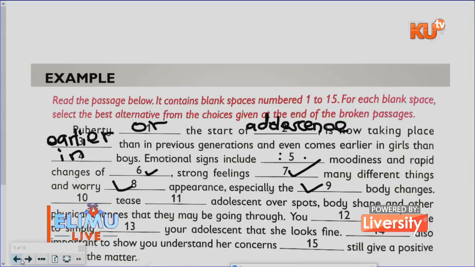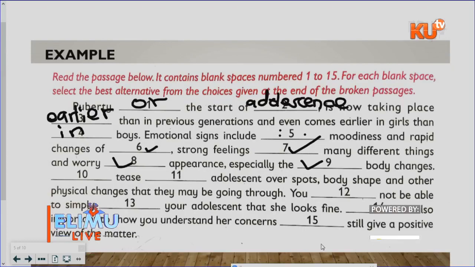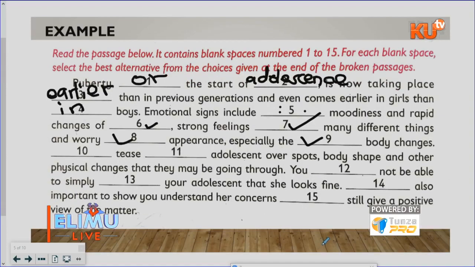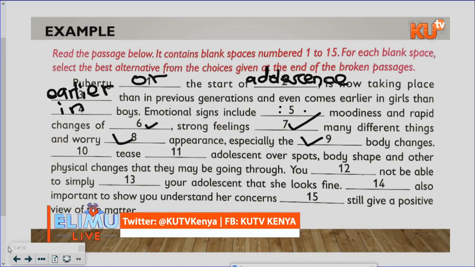The sentence after that will give you the reason. You dash not able to simply dash your adolescent that she looks fine. Also, important to show you understand her concerns, still give a positive view of the matter. So the following sentences are urging you to always appreciate adolescents, to always give a positive view of what they are going to do. So your answer there will be never.